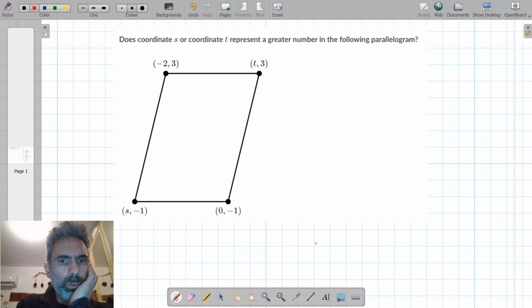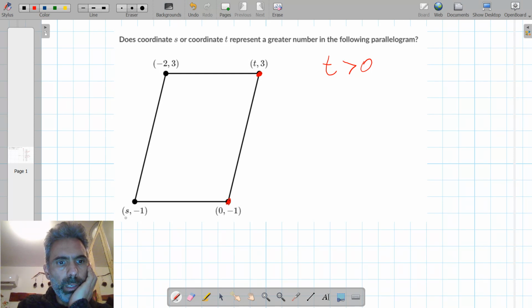Okay, so we see that this point here is an x of 0. So T, which is the x coordinate for this upper right corner, is greater. T is greater than 0 because it is to the right of this point.